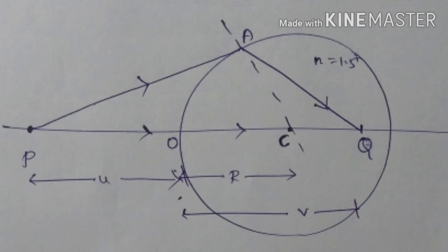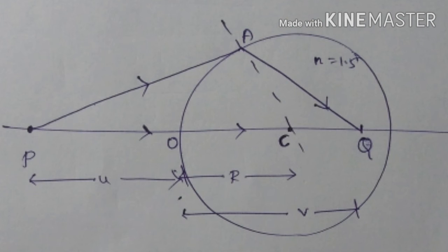Since the incident ray is travelling from rarer medium to denser medium, the light ray bends towards the normal after refraction. So, here PA is the incident ray, AQ is the refracted ray, and AC is the normal drawn at the surface.